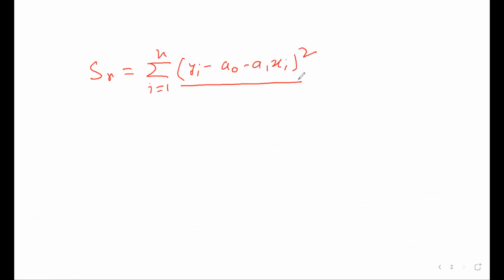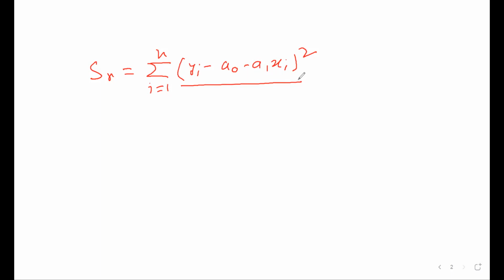What we usually do in curve fitting is calculate the sum of squares of errors in this way: SR equals the sum from i equal to 1 to n of (yi minus a0 minus a1 xi) squared. You see that if we square this quantity and it is real, is there any possibility that SR becomes 0 due to negative cancellation?